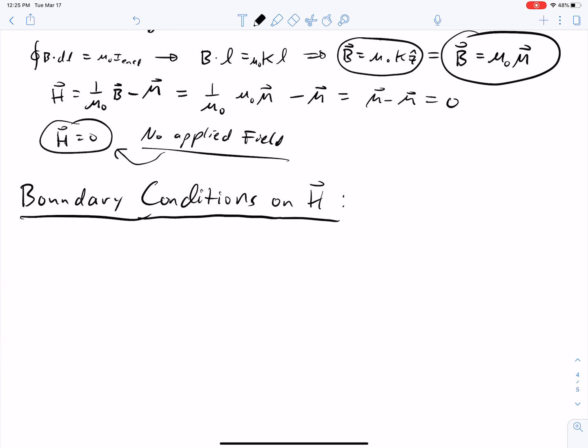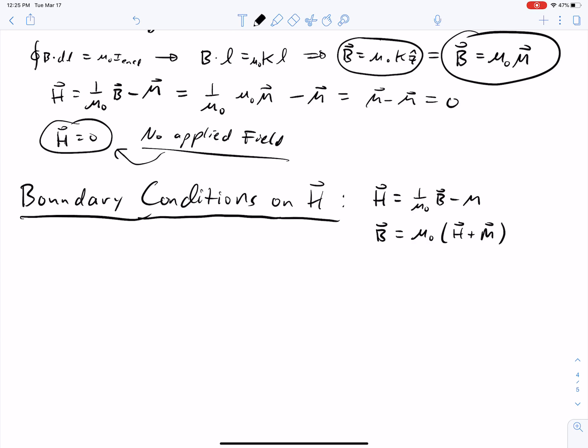And so what we have then is the definition of H, which is 1 over mu naught B minus M. But we can also write B in terms of H: B equals mu naught times H plus M. And the reason I'm doing that is because we already know the boundary conditions for B. We already did that.